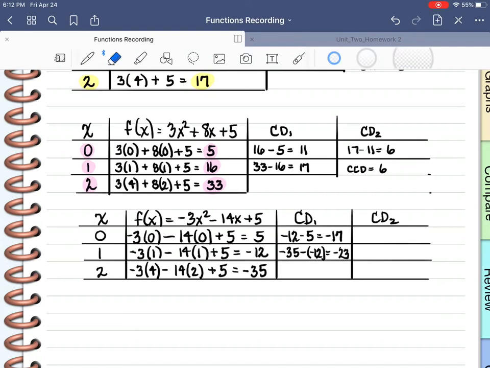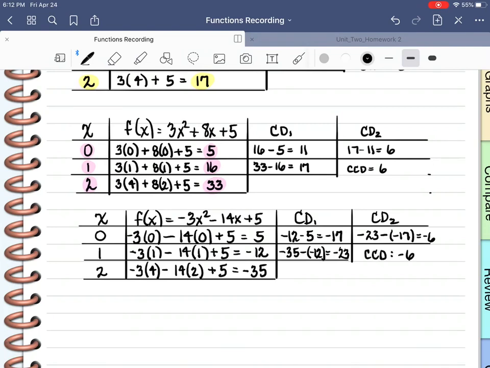So not common here, but we knew that because it's quadratic. So let's find this difference right here, and that should be what we're looking for. So negative 23 difference negative 17. And finally, I get a common consecutive difference of negative 6. So that last function is the one, you know it will be.